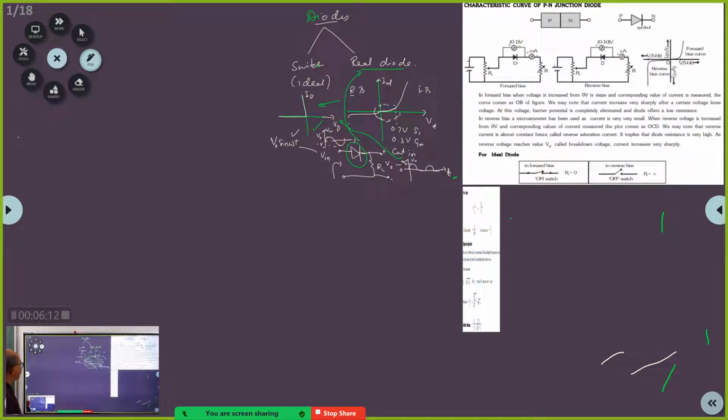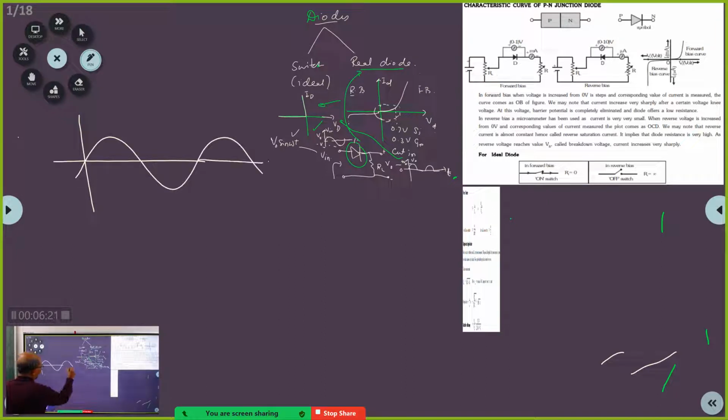Yes, sir. Right. So now see, the input voltage waveform will be like this. Okay? This is plus VO and this is minus VO. Now for a real diode, understand one thing.